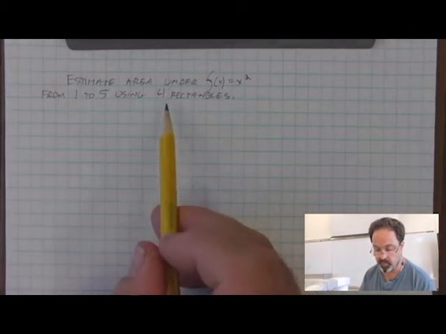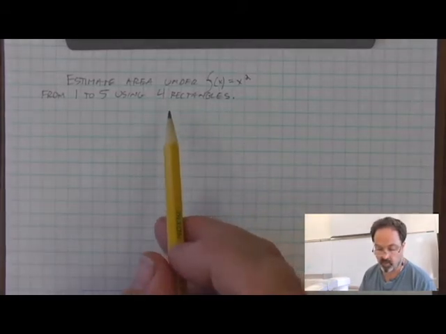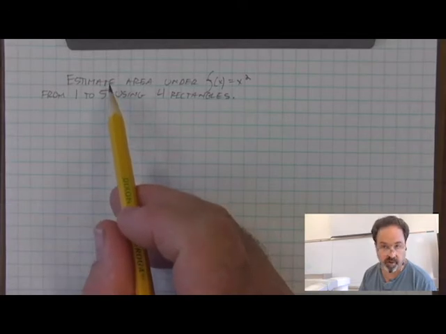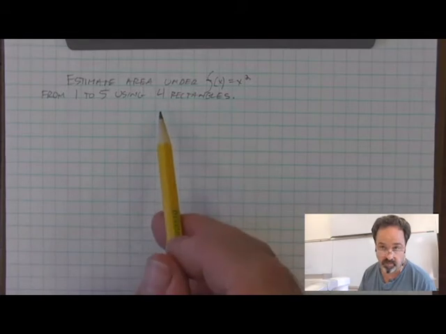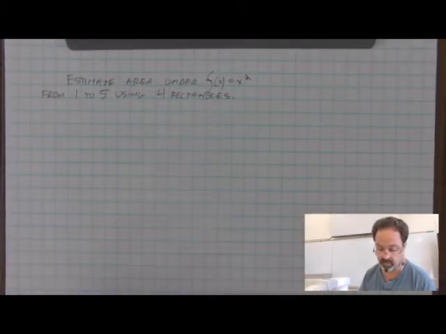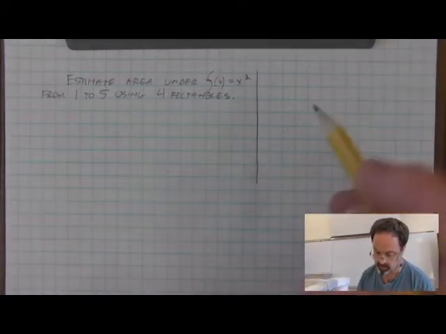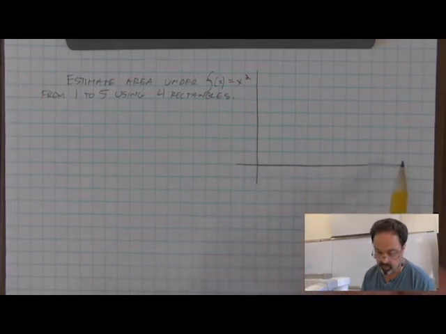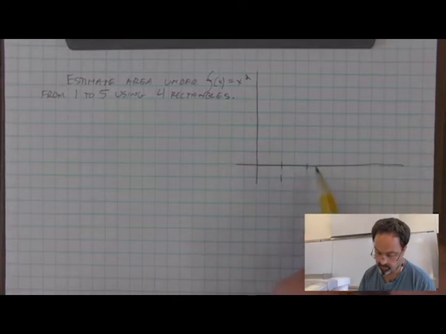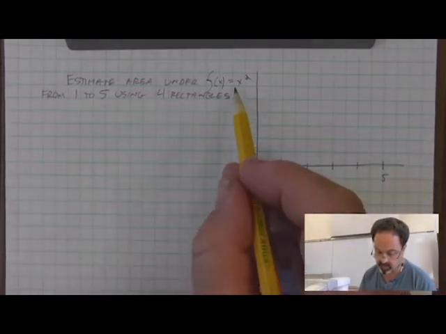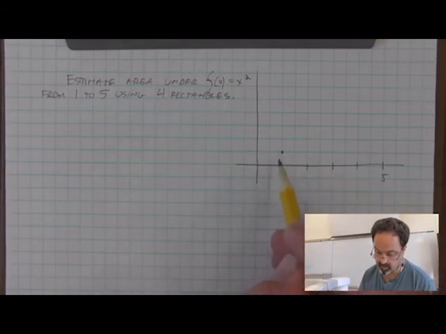If we weren't told to use 4 rectangles, we might produce an estimate using trapezoids for more accuracy and use as many trapezoids as possible given the technology help that we have available. To get a visual on this, the interval from 1 to 5, and this is a parent quadratic.